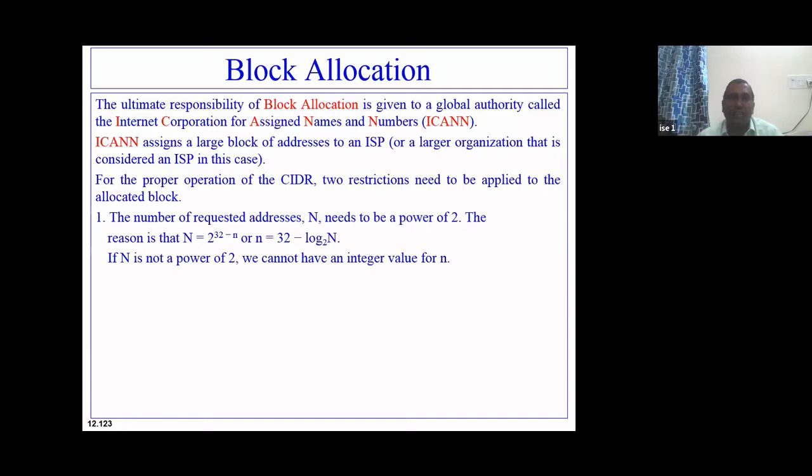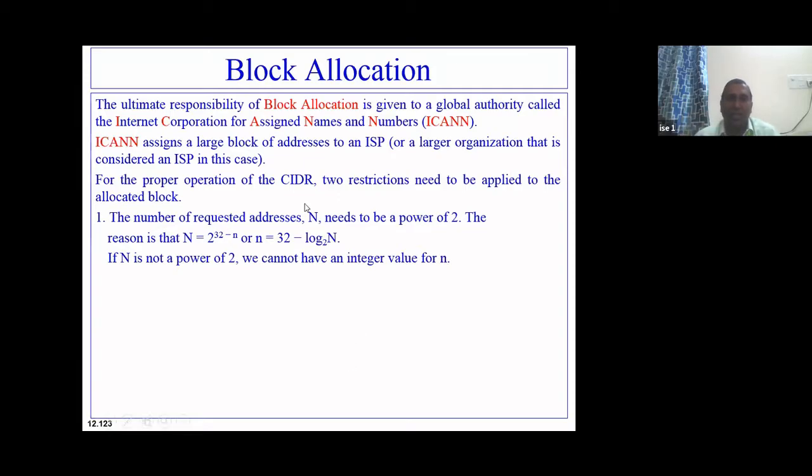ICANN is supposed to give a block of addresses to a particular organization, and that organization, the Internet Service Provider, has to request ICANN: I want this much block of addresses. Here the restriction imposed by CIDR is that the number of addresses should be a power of 2.